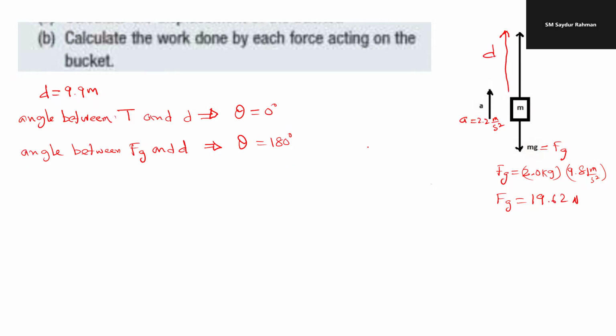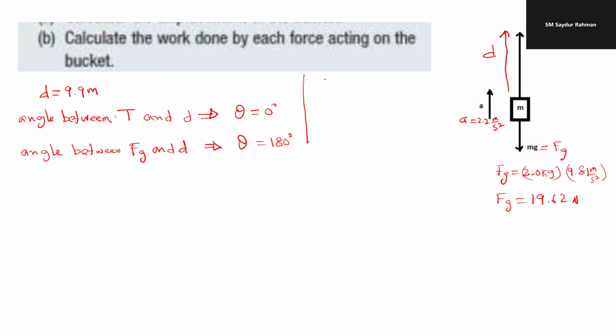Now, knowing that, if we can find the value of T, we can calculate the work done by the tension force and by Fg. For Fg we can do this readily because we know Fg, we know d, we know the angle. It is easy, but let's figure out what the tension T is.